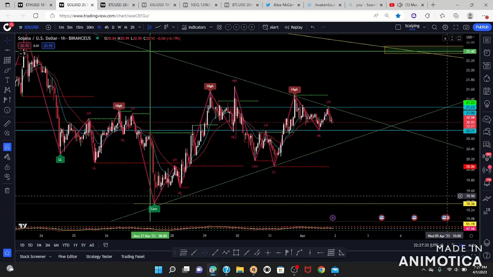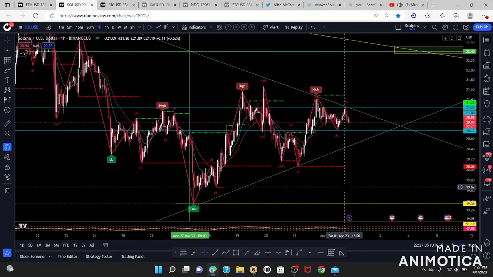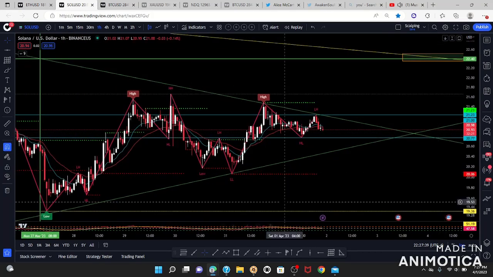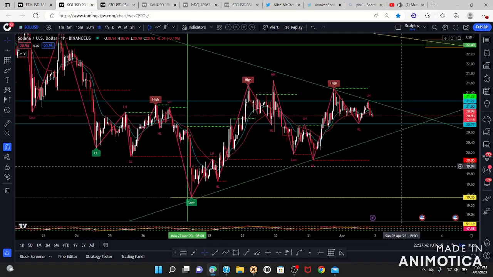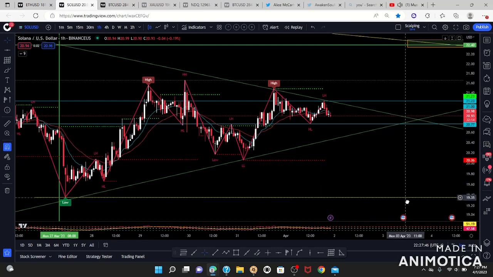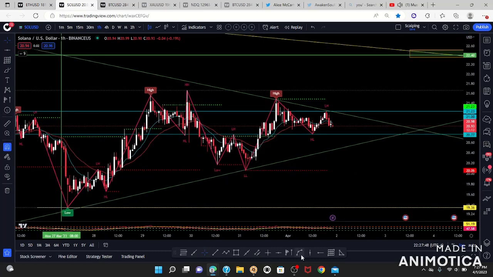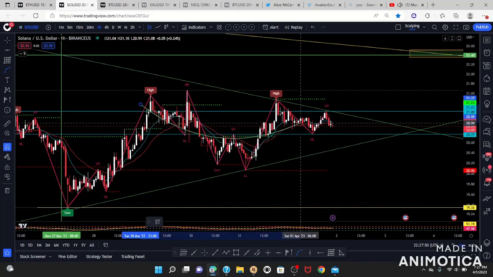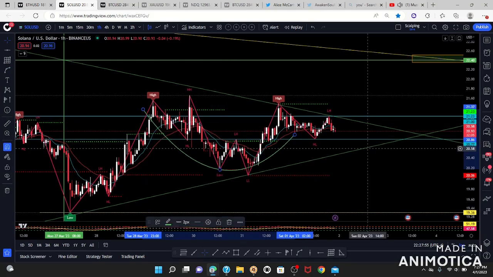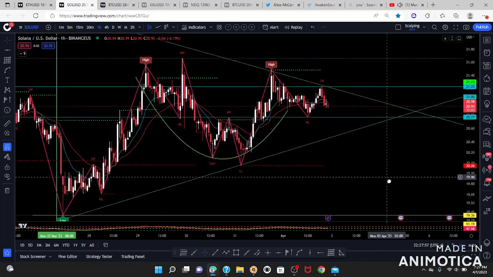Does this look like an inverse head and shoulders? Maybe. Now that I'm looking at it, right? It could also be like a cup, like a cup and handle. You see that? So take your time. I take my time. I usually set two nice charts a day, and I set them up.